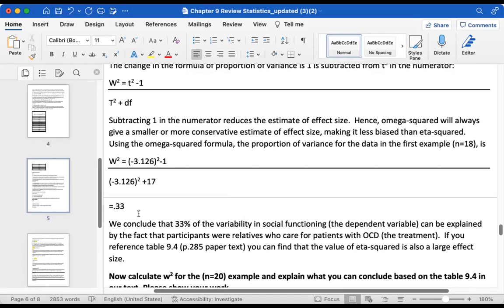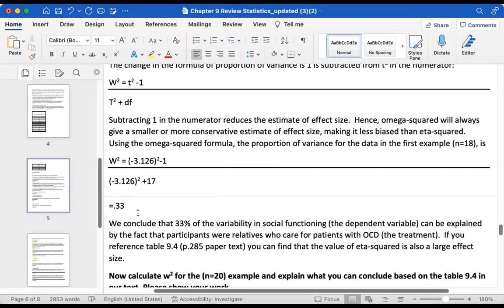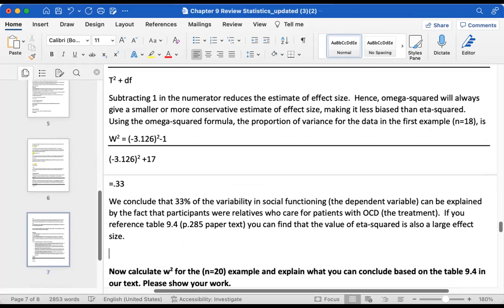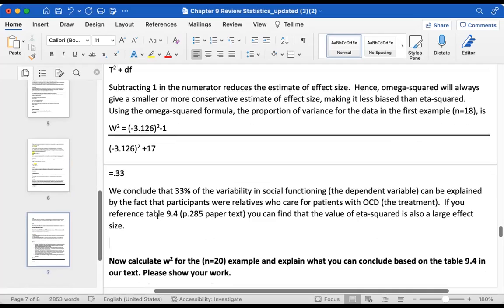There are no negative numbers here. So we can conclude that 33% of the variability in social functioning, the dependent variable, can be explained by the fact that participants are relatives for patients with OCD treatment. You can look at the reference table in 9.4 to see the eta squared value for the large effect size. Does that all make sense?